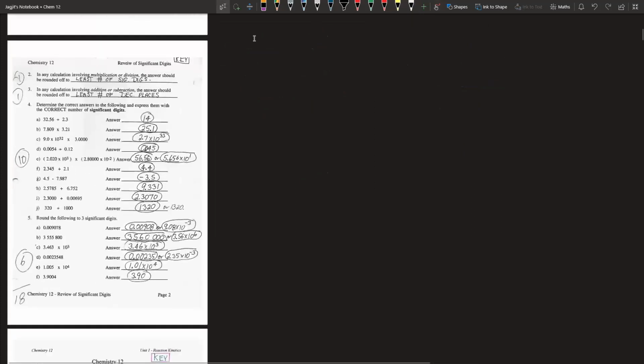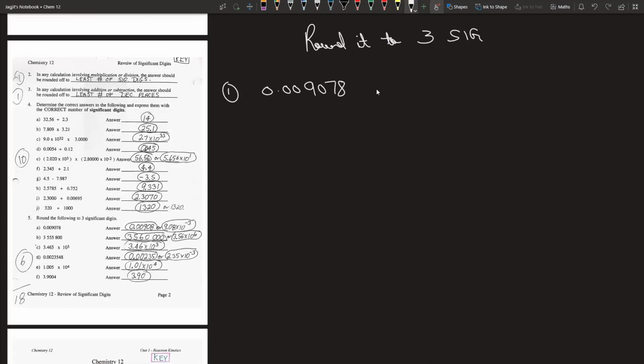Now, in the next question, they're saying round it to 3 sig figs. First one that they gave you was 0.009078. As a first step, you want to write this in scientific notation. So you want to put the decimal after the first non-zero number.